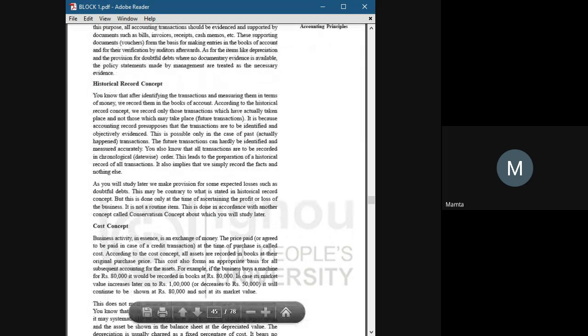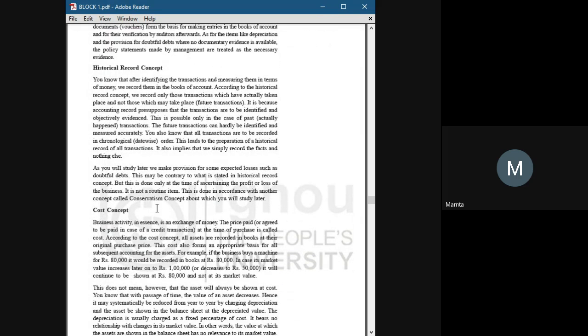Cost concept. The price paid, or to be paid in the case of a credit transaction, at the time of purchase is called cost. If the business buys a machine for 80,000, it would be recorded in the books as rupees 80,000. Even if its market value later increases to 1 lakh or decreases to rupees 50,000, it will continue to be shown at rupees 80,000, not at its market value.